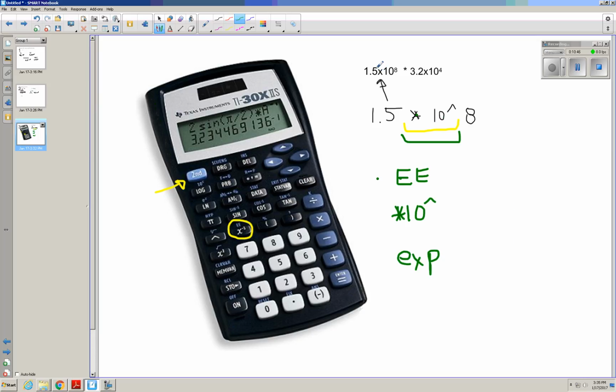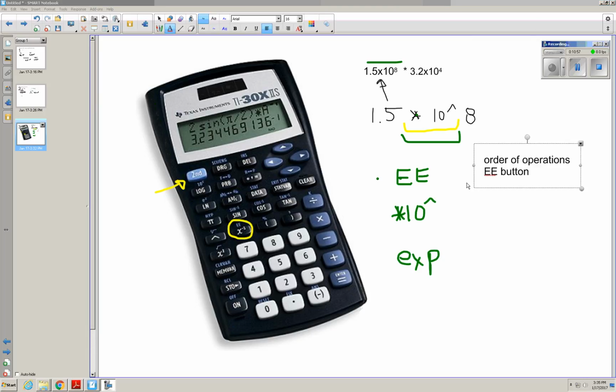Now I want to go back and I want to type in this first number again in scientific notation using the EE button. And here's the order of operations. It's not necessarily as important when you're multiplying two numbers, but more important when you're dividing. But here's what I'm going to do. I'm going to type in on the calculator the 1.5, and then I'm going to hit not the times button.